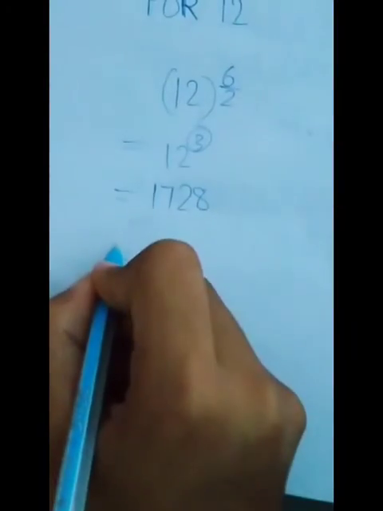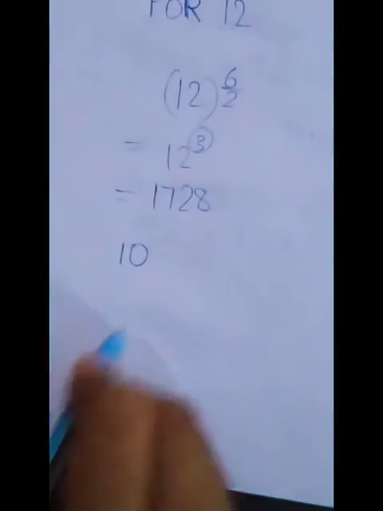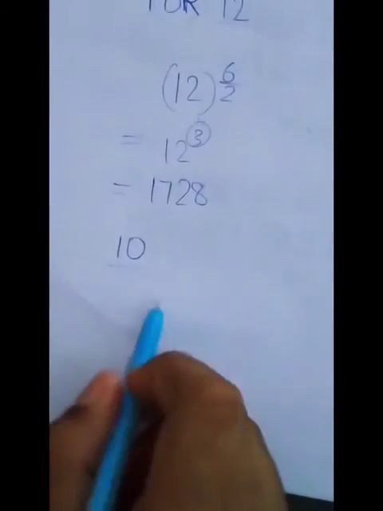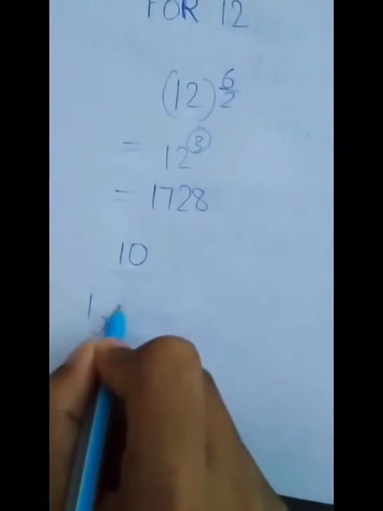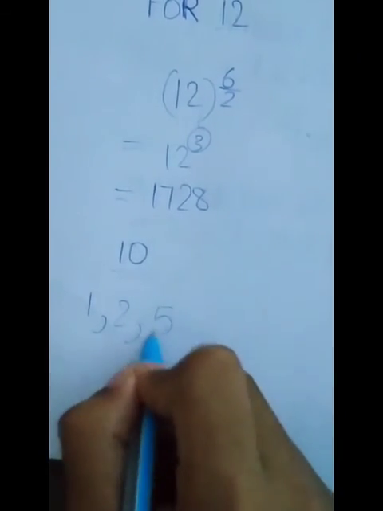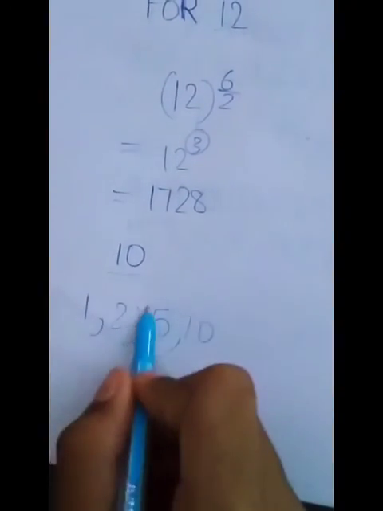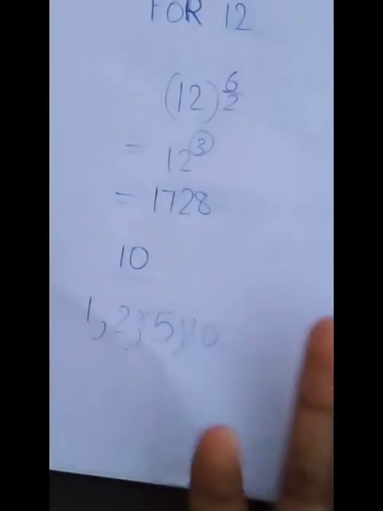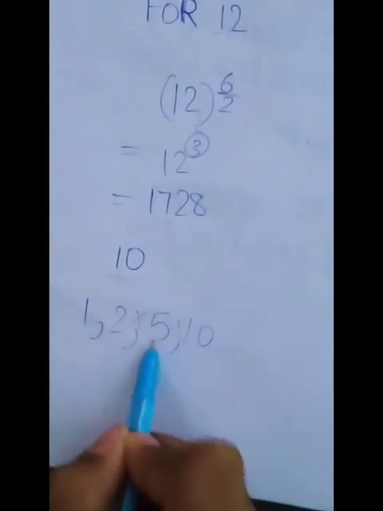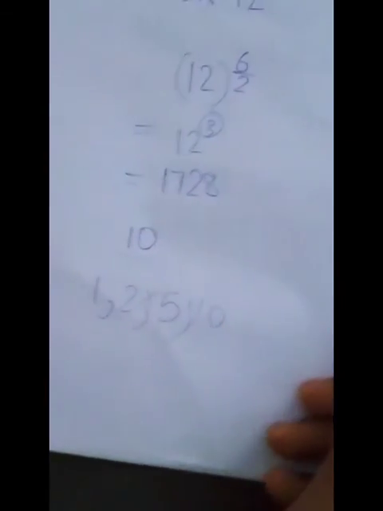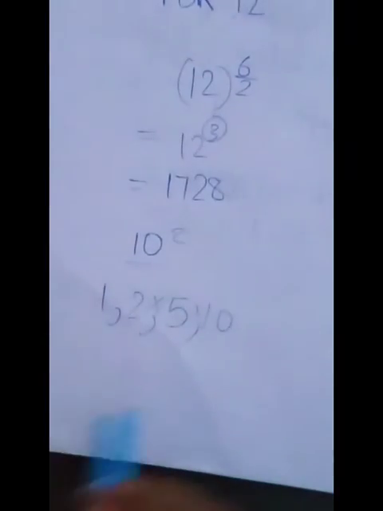Now let's take 10. Let's find the product of factors for 10. The factors of 10 are 1, 2, 5 and 10. You don't need to just multiply 2 into 5 and into 10. We have 4 factors, 4 by 2, which is equal to 2. Now 10 power 2 is 100.